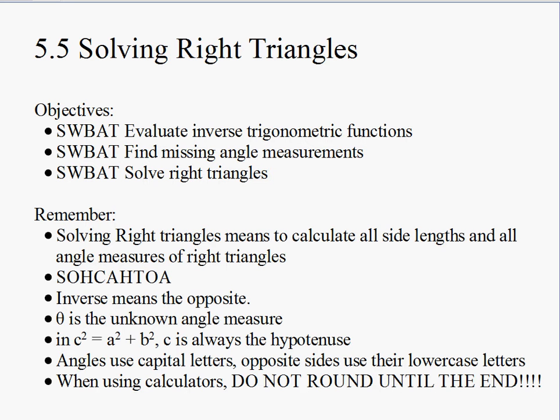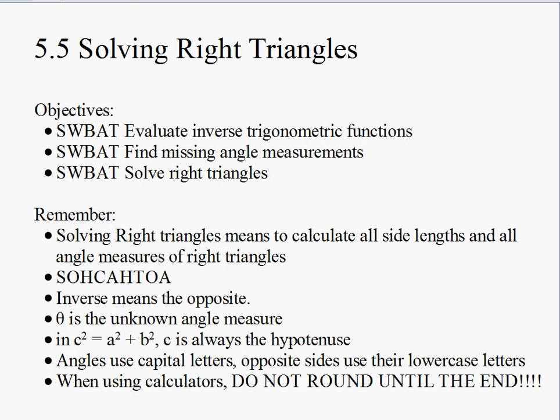I need you to remember a few key things. Number one, solving right triangles means calculating all the side lengths and all the angle measures of right triangles. Now, obviously, one of those is always given to you, and that's the right angle. So you have 5 things that you need to do here. Next is SOHCAHTOA.